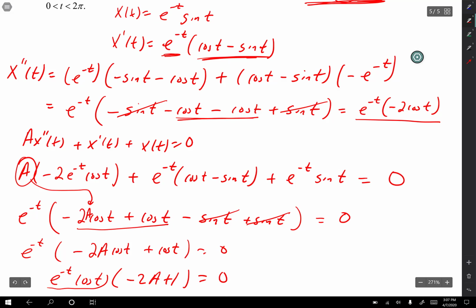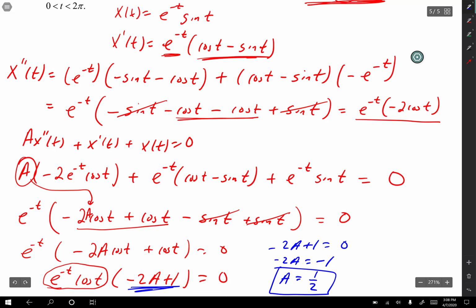We can't do anything about this, because cosine t equals 0 in many locations, but we're trying to solve for a. So focus on this. If negative 2a plus 1 equals 0, that means negative 2a equals negative 1. So a must equal a half. And there it is, guys. I hope that made sense.